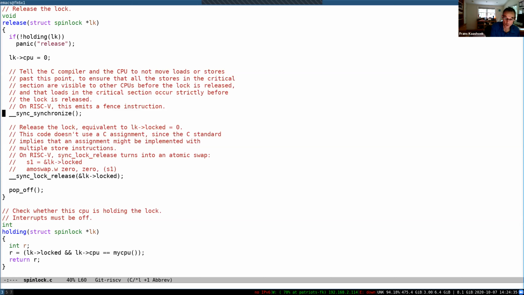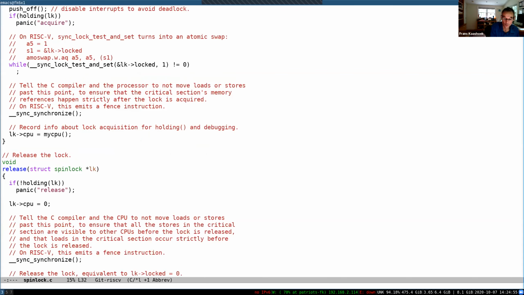So, for example, if x plus 1 was updated after the acquire and before the release, that x plus 1 has to stay before this particular memory synchronization point. And so there will be no trouble with memory ordering. This is the reason why sync synchronize is there, both in the release and also in the acquire.